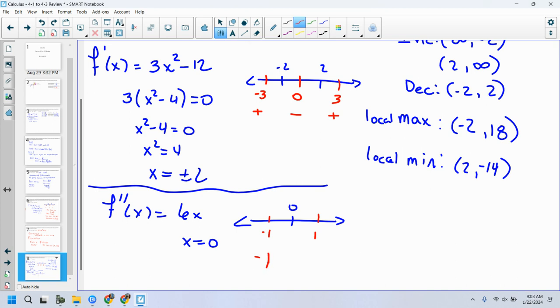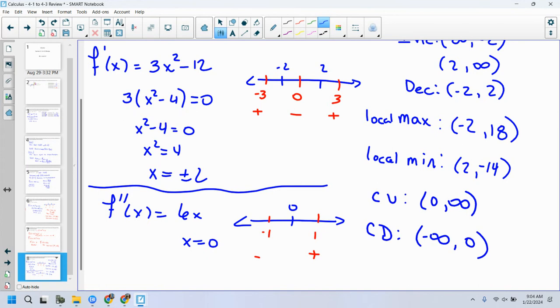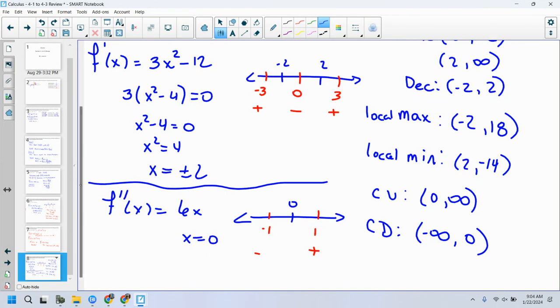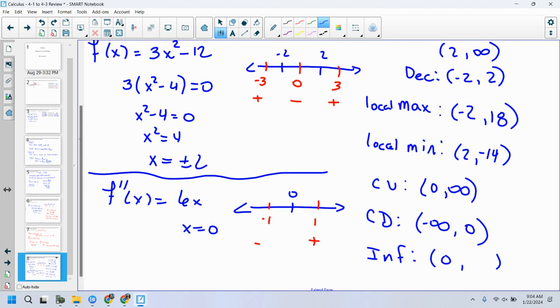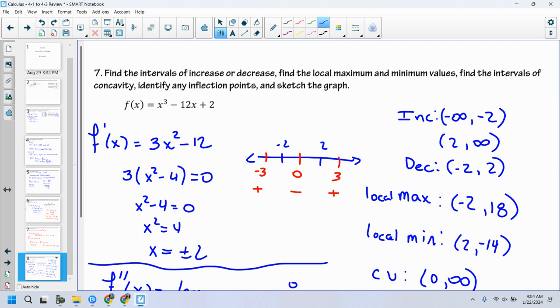Plug in positive 1, I get positive. So that means it is concave upward from 0 to infinity, concave downward from negative infinity to 0, which means if it switches concavity at a certain point, that's the inflection point. So there is an inflection at 0 comma something. Let's figure out what that something is. 0 comma 2, the y-intercept.